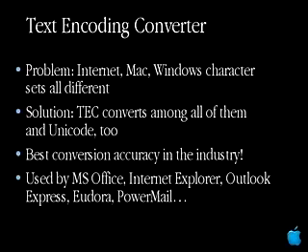And if there isn't an exact match between two different character sets, TEC will try to find the best possible representation. And we think it has the best conversion accuracy in the computer industry. TEC seems to have been very popular. It's used by many different applications, including Microsoft Office, Internet Explorer and Outlook Express, Eudora, PowerMail, and many more.